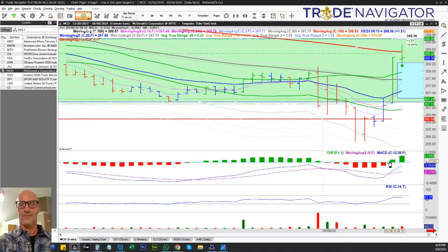Just like I showed you on the daily, that there was a daily fair value gap, which is the green highlighted area, now we have a blue area because now we have another fair value gap. We have a fair value gap within a fair value gap.